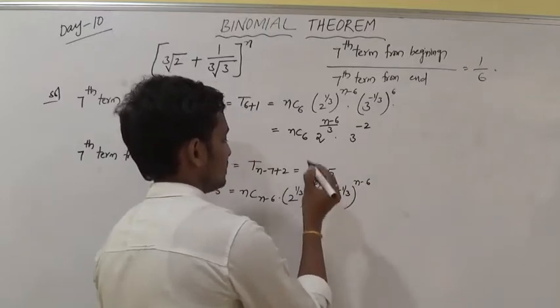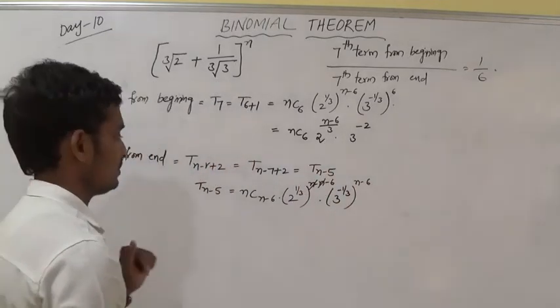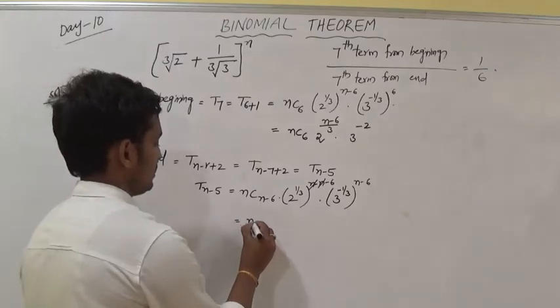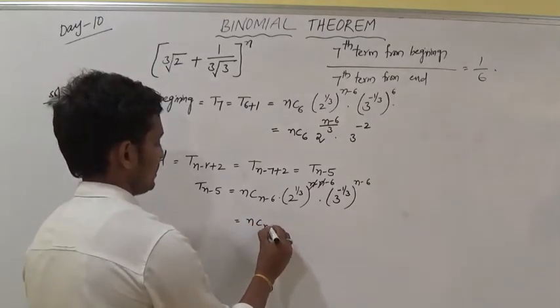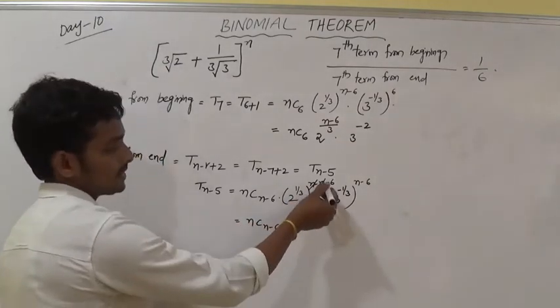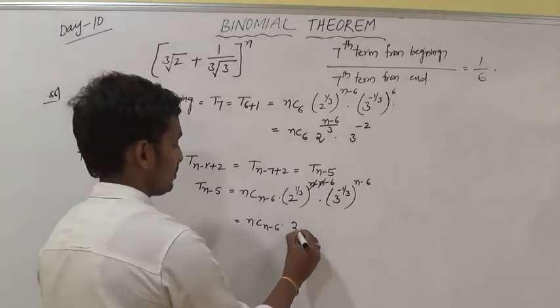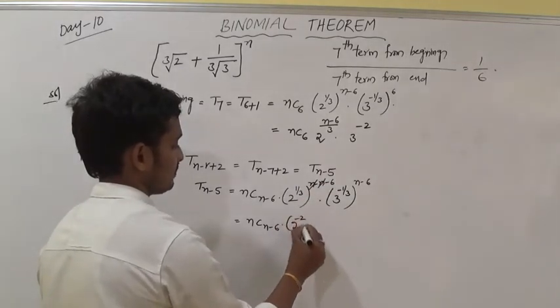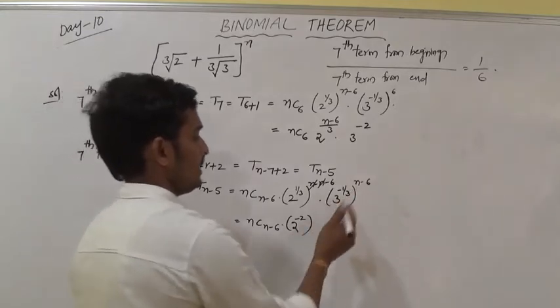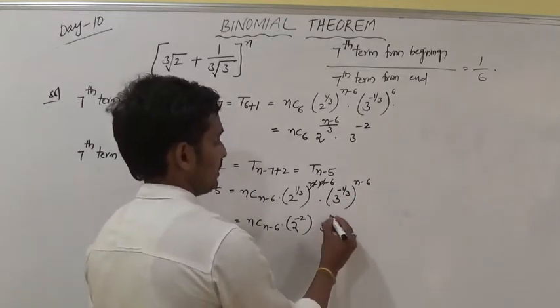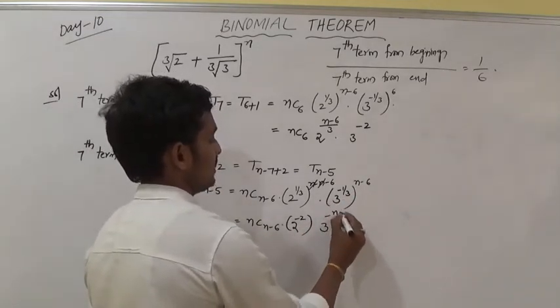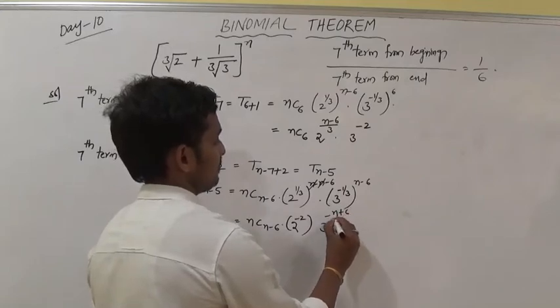These two cancel, so now I am writing nc n minus 6 into 2 power minus 2, into 3 power minus n plus 6 by 3.